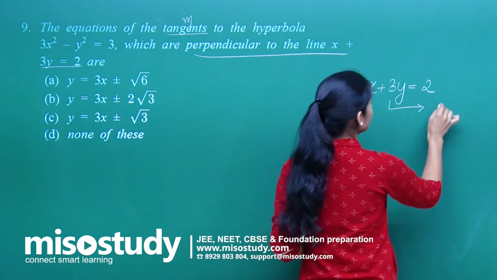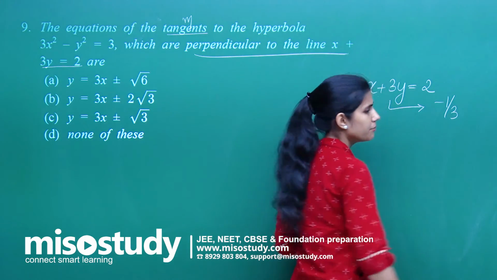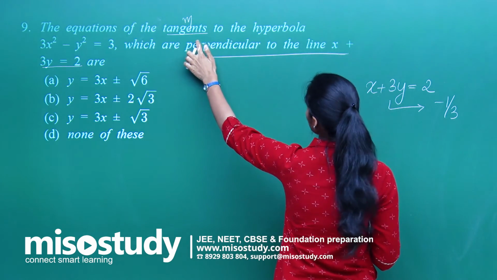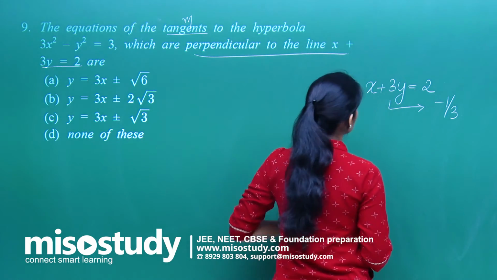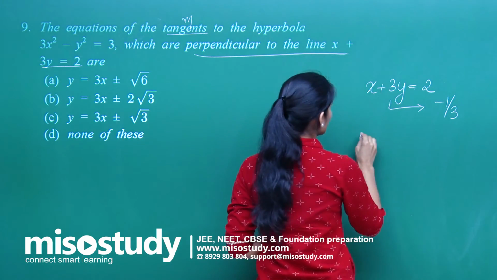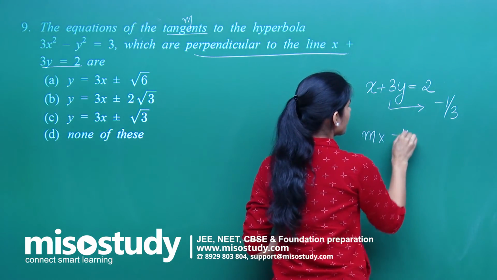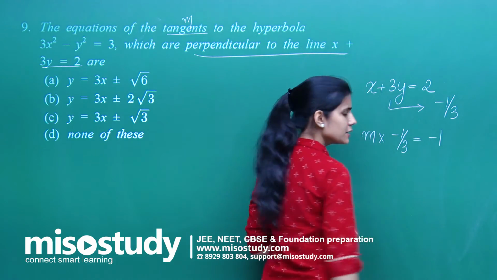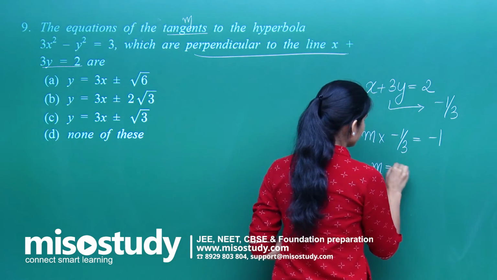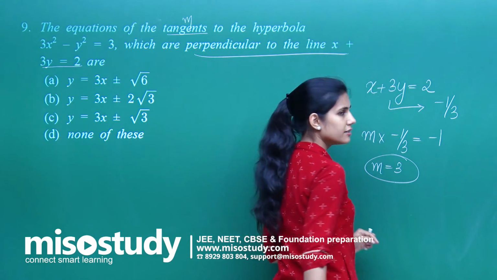It is minus 1 by 3, minus coefficient of x upon coefficient of y. And this tangent is perpendicular to this particular line, so the product of their slopes is minus 1. So m is equal to 3.